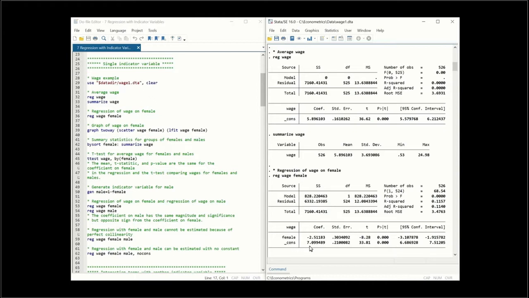This constant here of 7.10 is the average wage for males, because for them, female is equal to 0. If you would like to calculate the average wage for females, these two coefficients would need to be summed up. So this 7.10 minus 2.51 would be the intercept, or the average wage for females.